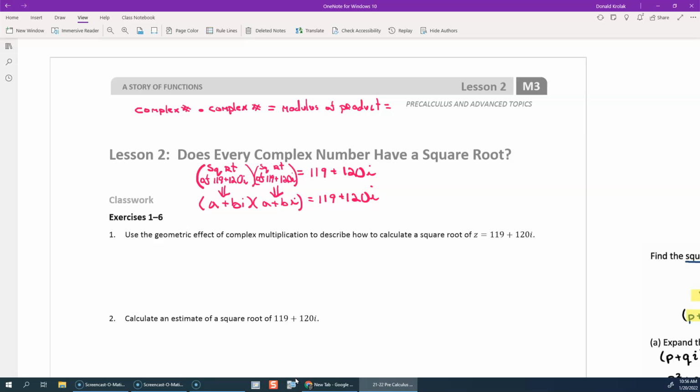The modulus of the product equals the product of the two moduli. So if I took the modulus of this times the modulus of that, it's going to equal the modulus of the product.